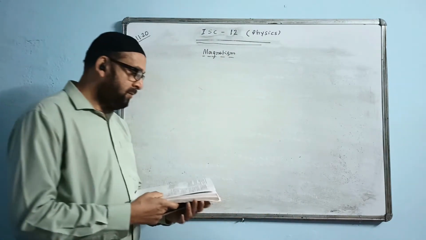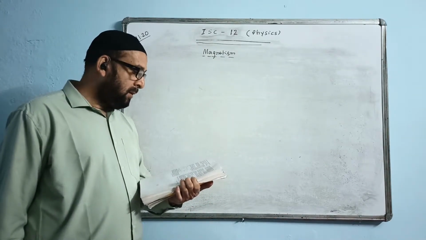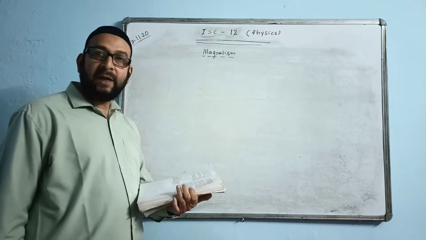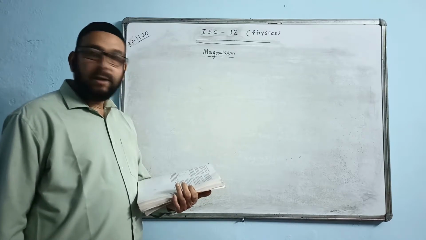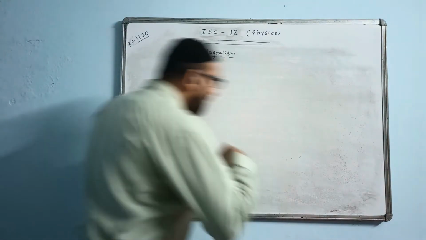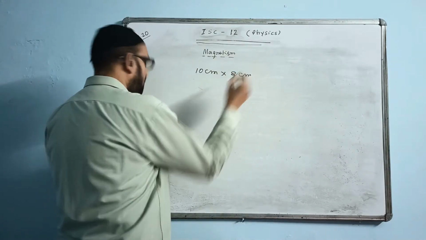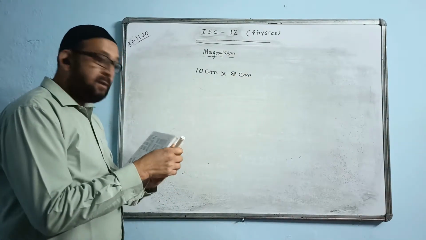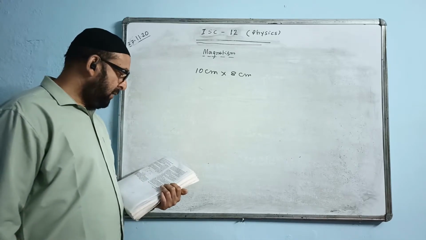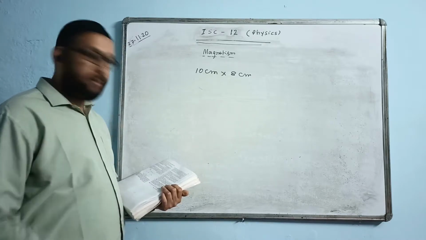Okay, here is the question. Question says a rectangular coil of size 10 centimeter by 8 centimeter has 12 turns and carries a current of 2 ampere.